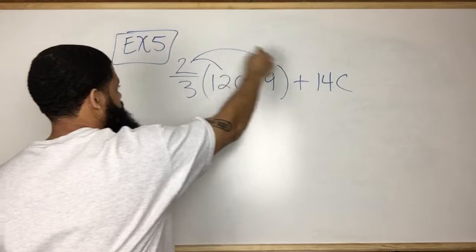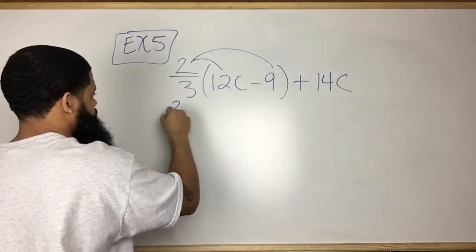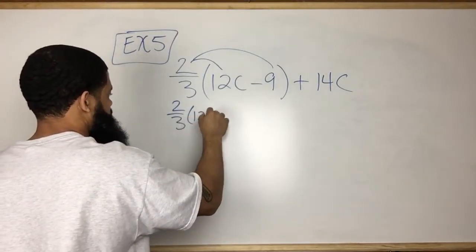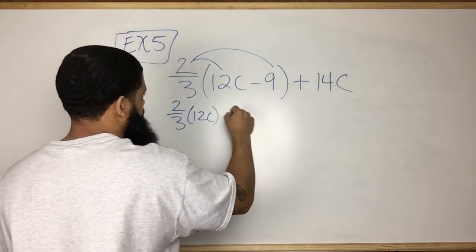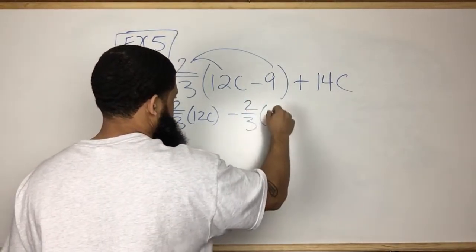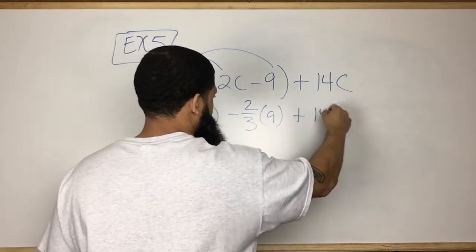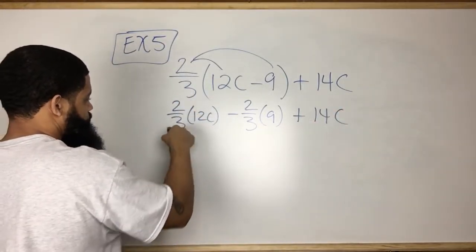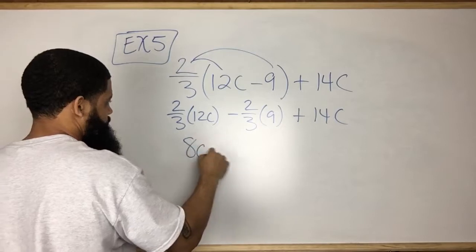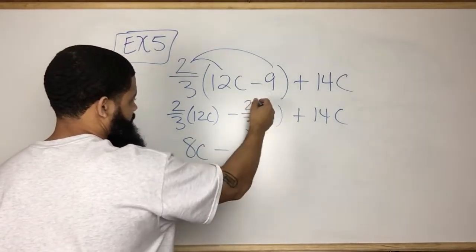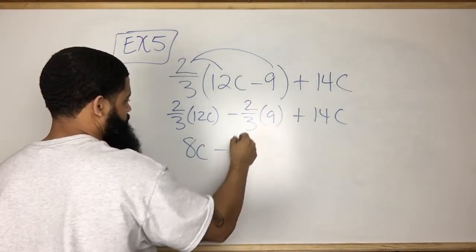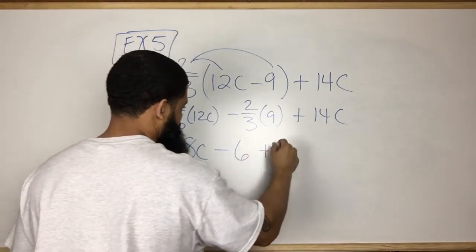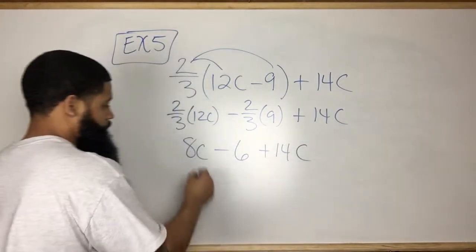Alright, got to distribute. Alright, so 2/3 times 12c minus 2/3 times 9 plus 14c. 2/3, let's see, 12 times 2 is 24, divided by 3 is 8c, minus 9 times 2 is 18, divided by 3 is 6, so minus 6 plus 14c.